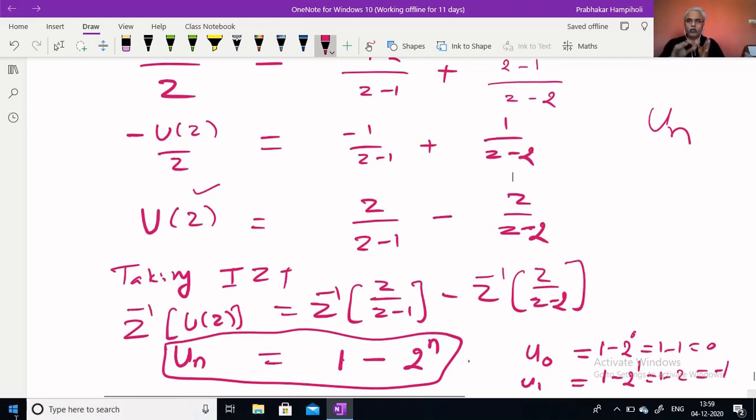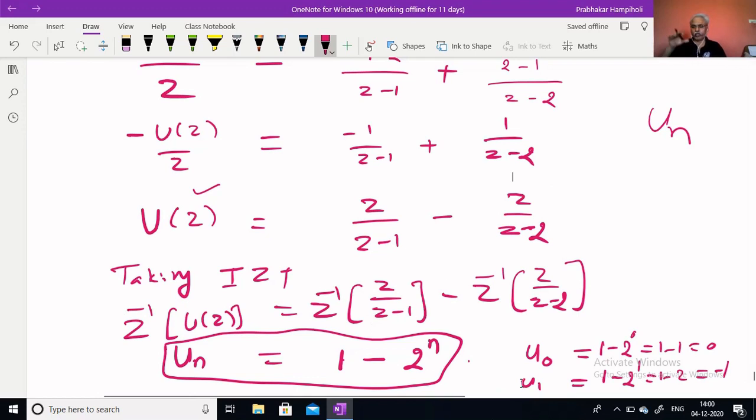The only thing is how we find the partial fractions is more important. On the right hand side you will be left with some z function, on the left hand side usually u of z by z, whether they are repetitive factors or non-repetitive linear factors, depending on that you have to think of the natural partial fractions. So 50% of that is mainly partial fractions and inverse z transform.